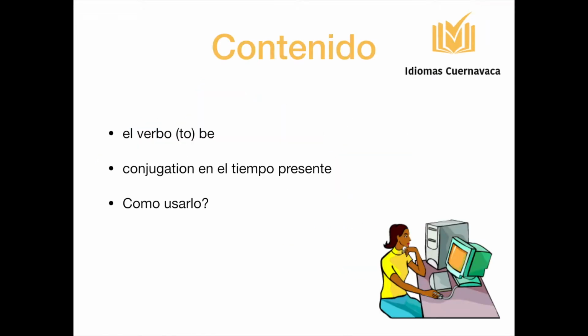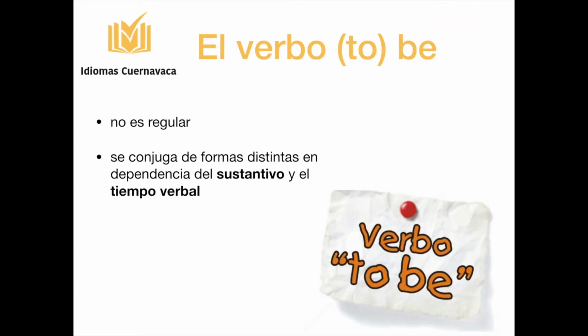El contenido de esta clase contiene al principio hechos generales sobre el verbo to be, conjugaciones en el tiempo presente y cómo usarlo en una frase completa. El verbo to be, aunque se utiliza muchas veces en inglés, no es regular en su conjugación.